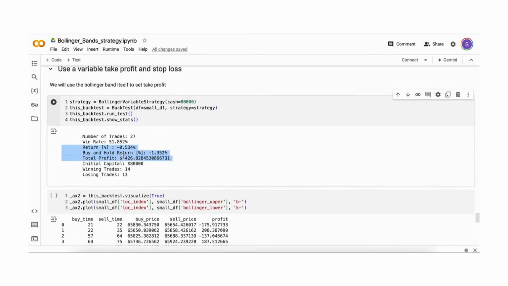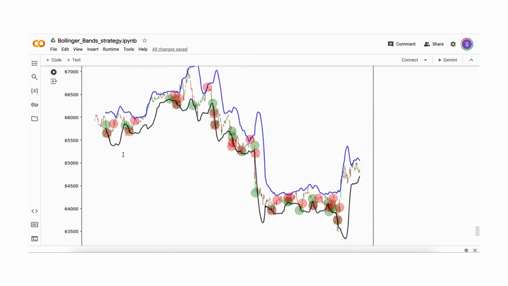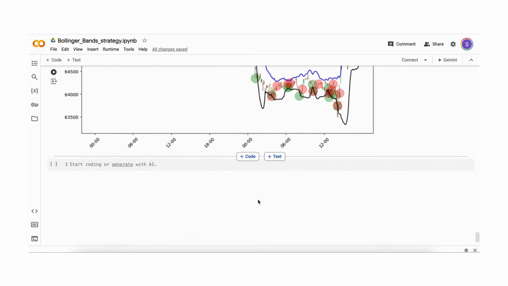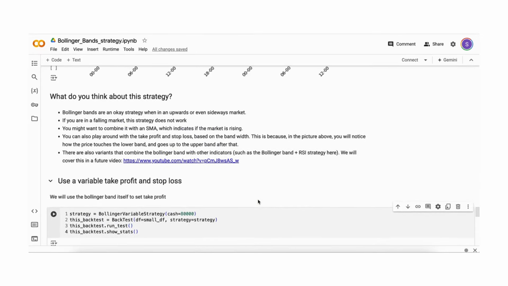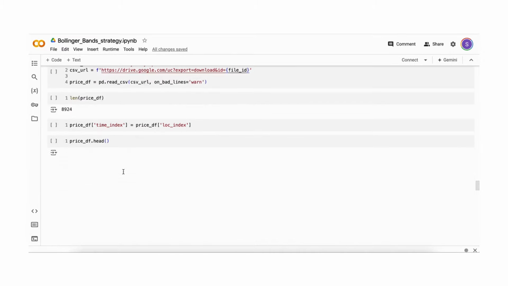Again, return is better than buy and hold, but still negative. And I think it does a little better in this area where we have a sudden breakout of the price.